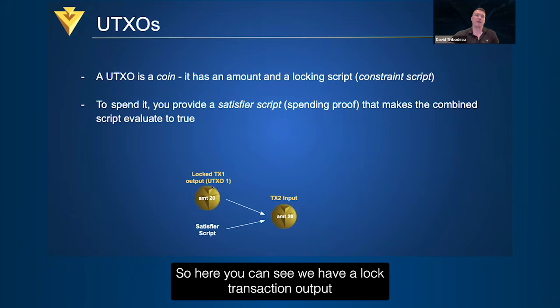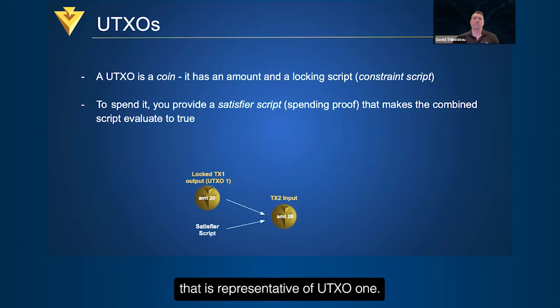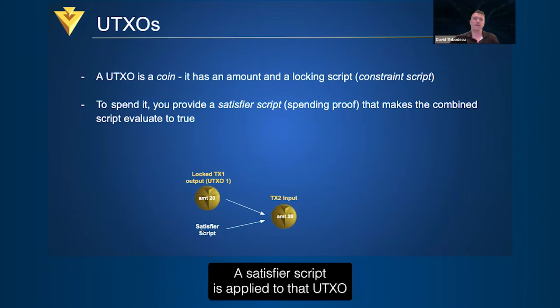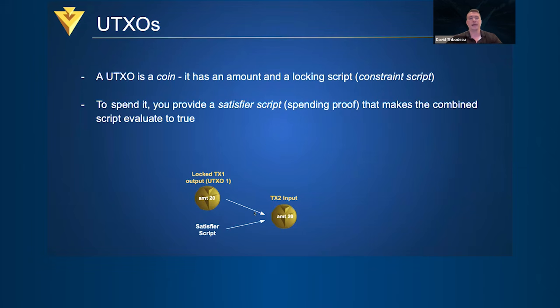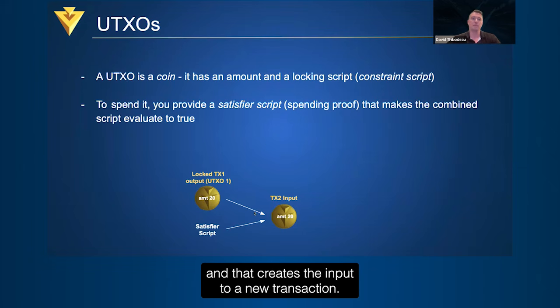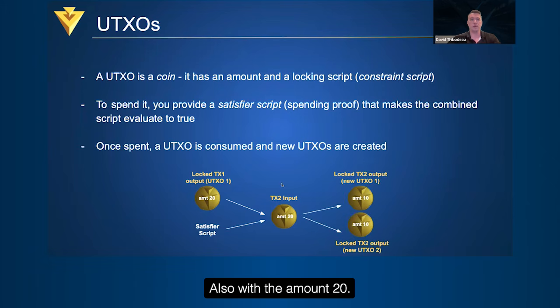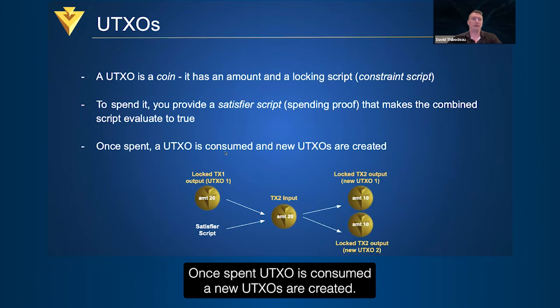Here you can see we have a locked transaction output that is representative of UTXO1. For the purpose of this example, the amount is 20. A satisfier script is applied to that UTXO, and that creates the input to a new transaction, also with amount 20. Once spent, a UTXO is consumed and new UTXOs are created.